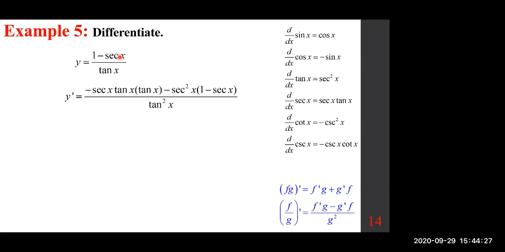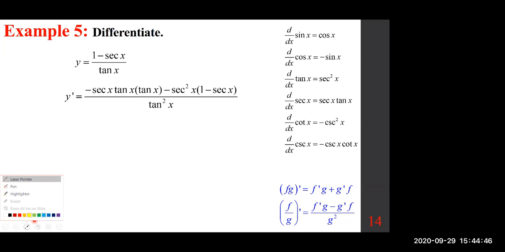First of all, if we multiply this, there's a lot of secant. I hope you see that. I can factor out the secant.